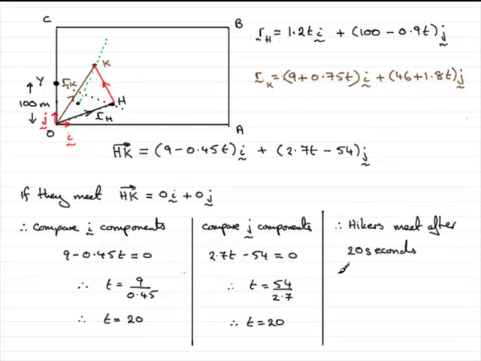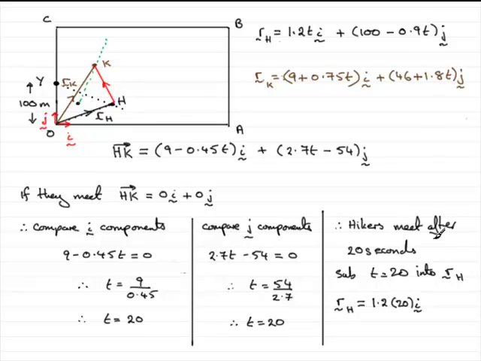So what we'll do is say sub t equals 20 into RH, and if you do that, the position vector where they meet turns out to be 1.2 times 20 in the i direction, and then 100 minus 0.9 times 20.